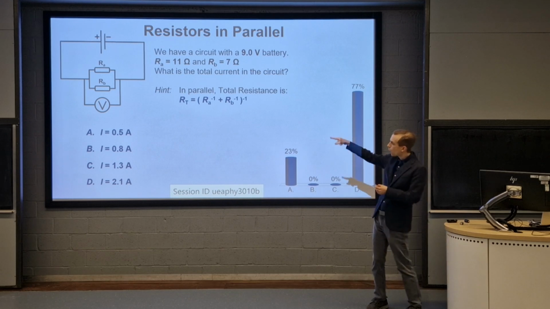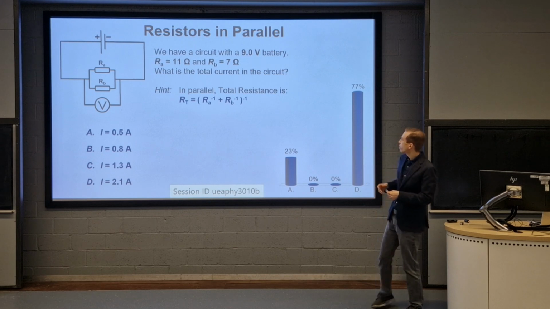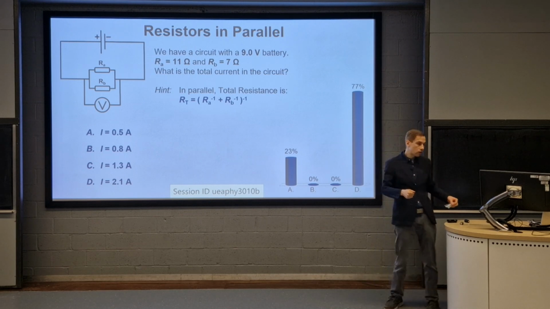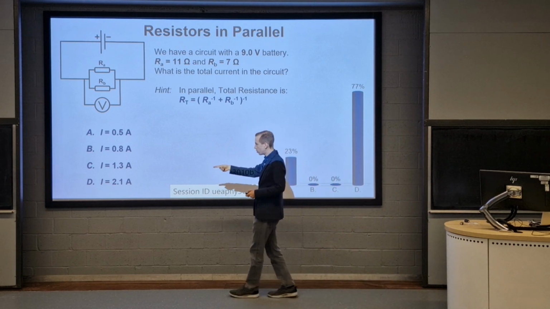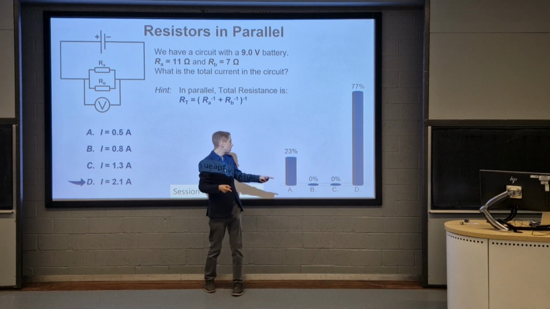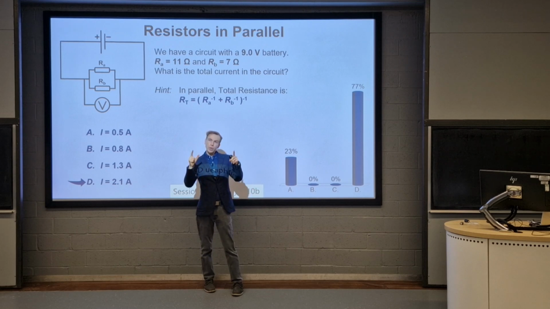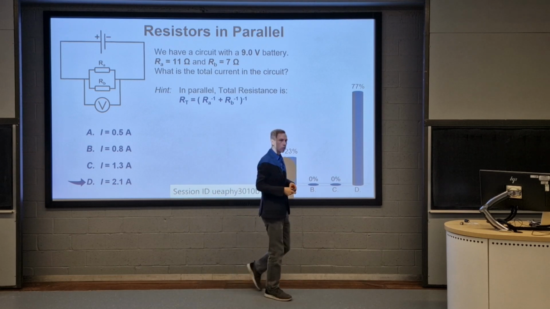So they just behave as one big resistor, but with a lower resistance than 7 ohms or 11 ohms. And then when we say, okay, let's connect that to a 9-volt battery, what do we get there? We get the 2.1 amps of current. So looks like most people got that one. So very well done, everybody, with that question.